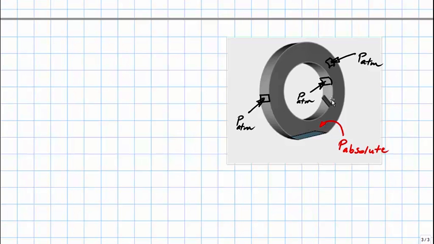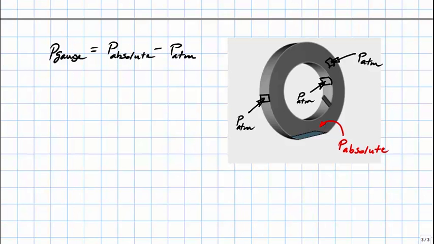In other words, it would indicate the difference between absolute pressure and atmospheric pressure. This leads us to the following relationship. Gauge pressure is just the difference between absolute pressure and atmospheric pressure.